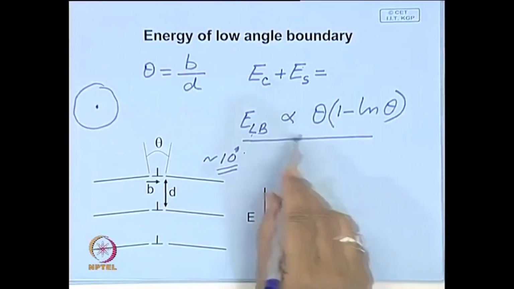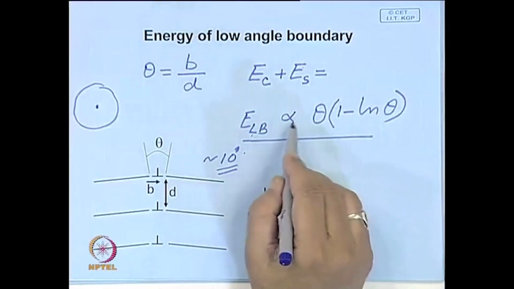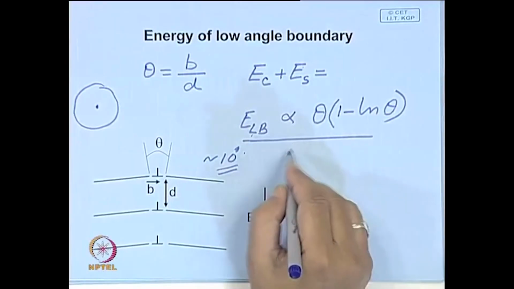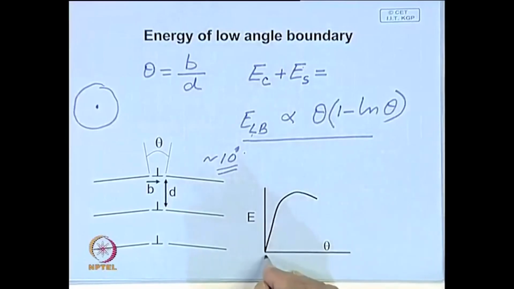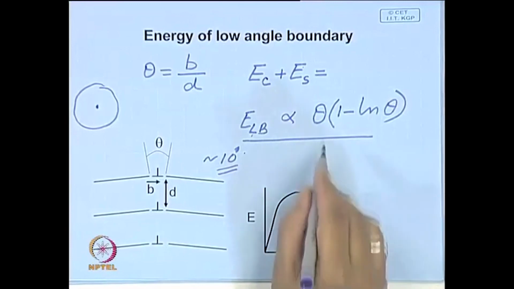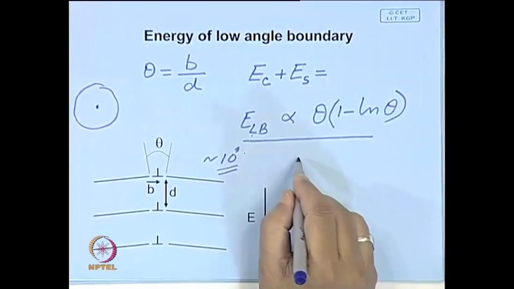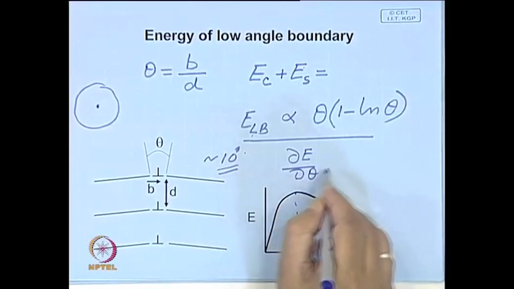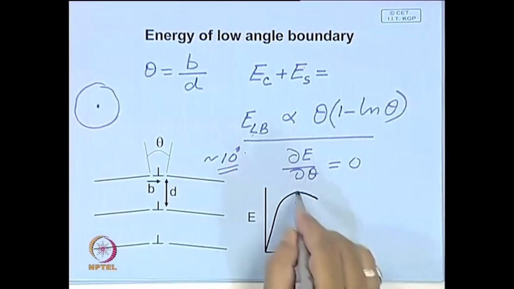Around that. But if you assume that it extends beyond that, of course, there are a lot of approximations in this derivation. It is possible to show that this energy increases with theta, but there will be a particular value beyond which it will start decreasing. If you differentiate this with theta and equate it to 0, you will find that at a certain position this will be a maximum.